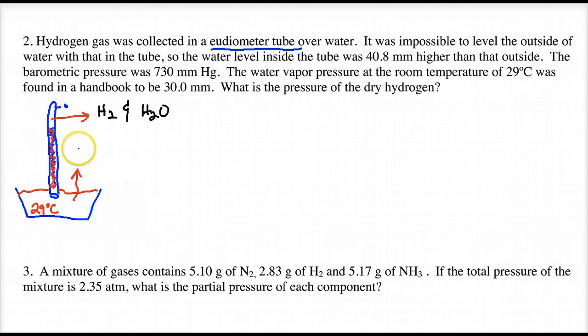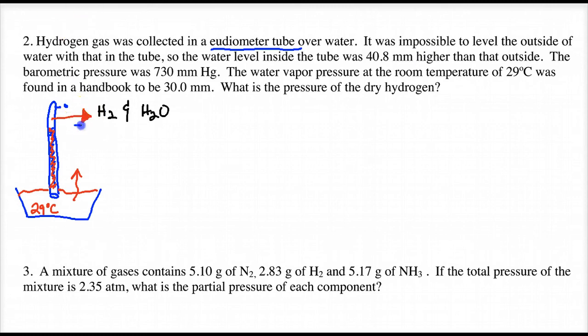So we have water vapor and hydrogen in there. My gosh, we have a mixture of gases in a container. It might have something to do with Dalton's Law of partial pressure, and it does. Now, it was impossible to level the outside of the water with that of the tube, so the water level inside the tube was 48, let's just do different terms.